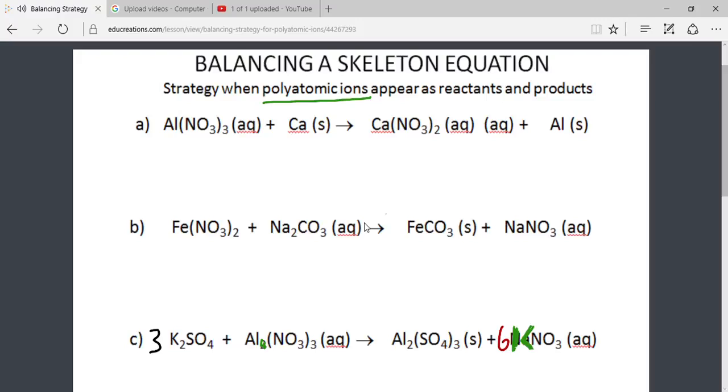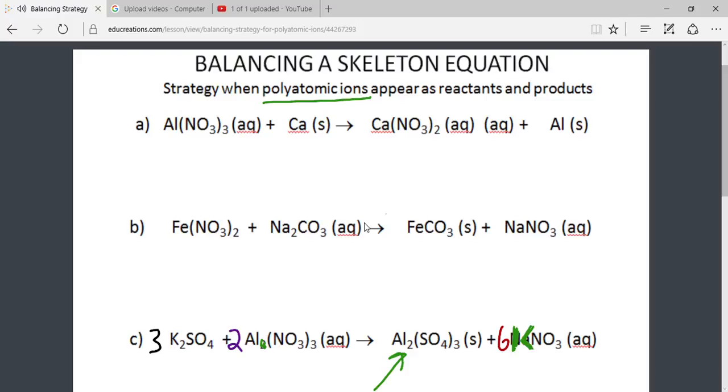We can see that aluminum found on the product side shows 2 aluminum, yet on the reactant side only shows 1. Therefore, a coefficient, or multiplier value, of 2 should be written in front of the aluminum on the reactant side to double that amount. What this does is create the 2 aluminum needed to balance against the 2 aluminum on the product side.